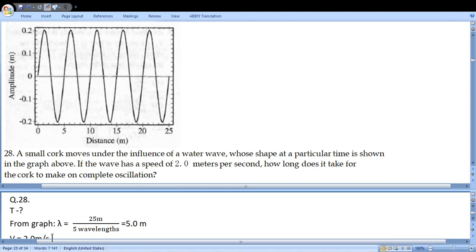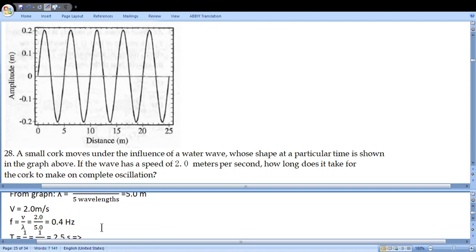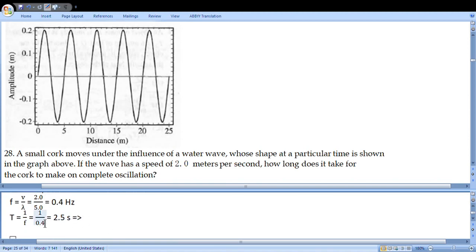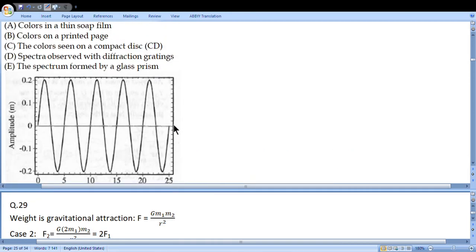From wave equation we can find frequency, f equals v over lambda. We put here speed 2 and wavelength 5, we get 0.4. We divide 1 by 0.4 using formula period equals 1 over frequency. And we get 2.5. So this was question 28.